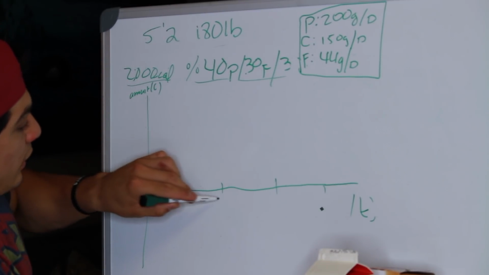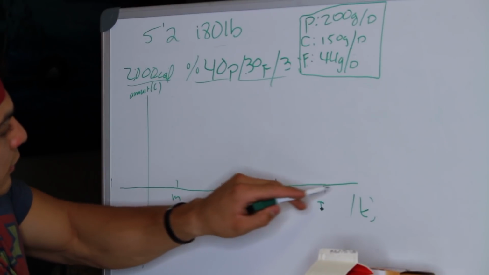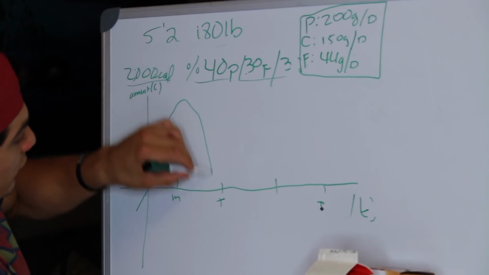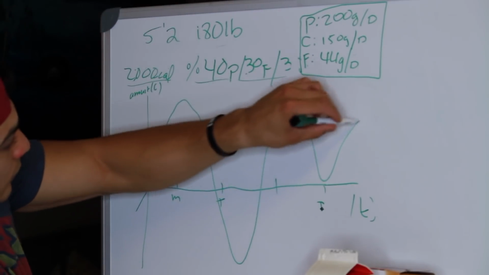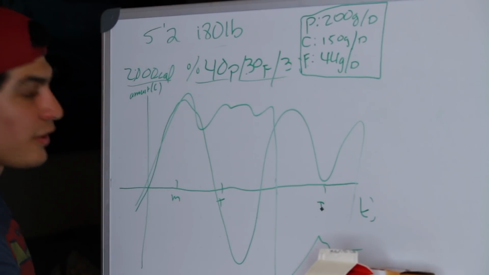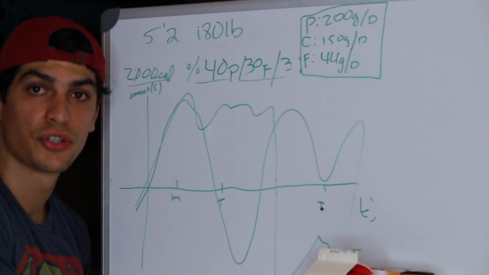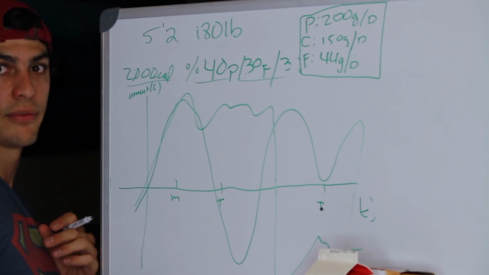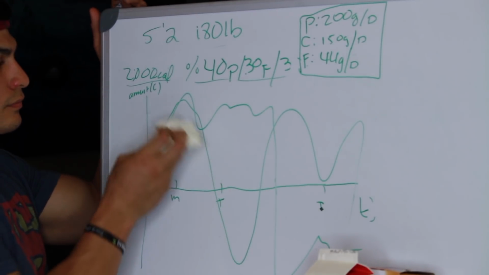So this is Monday, Tuesday, Thursday, on and on. It's going to kind of look like this, or it can kind of look like this. It doesn't matter what it looks like as long as you're cycling your carbohydrates. Okay, so a wave, right?